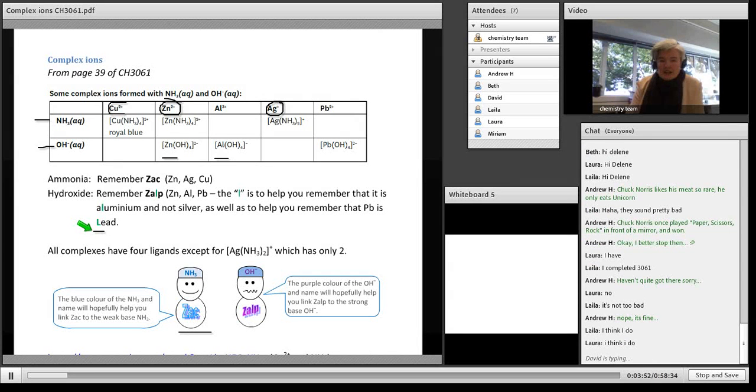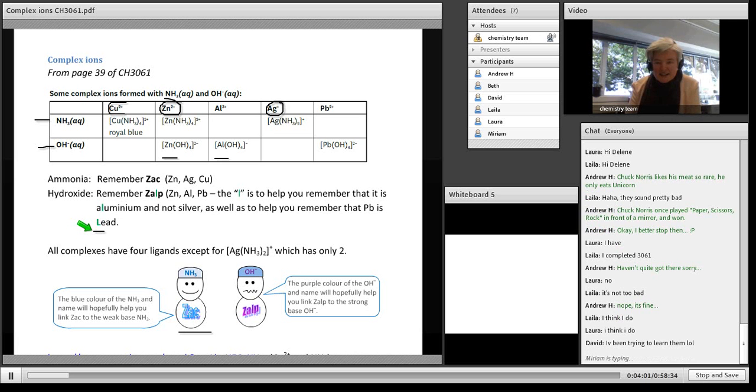Okay, right, great. So I hope that I've updated the teaching notes. If it's not in your teaching notes, you got your teaching notes before that was done. The other thing to try and remember is that all of the complexes have got 4 ligands.